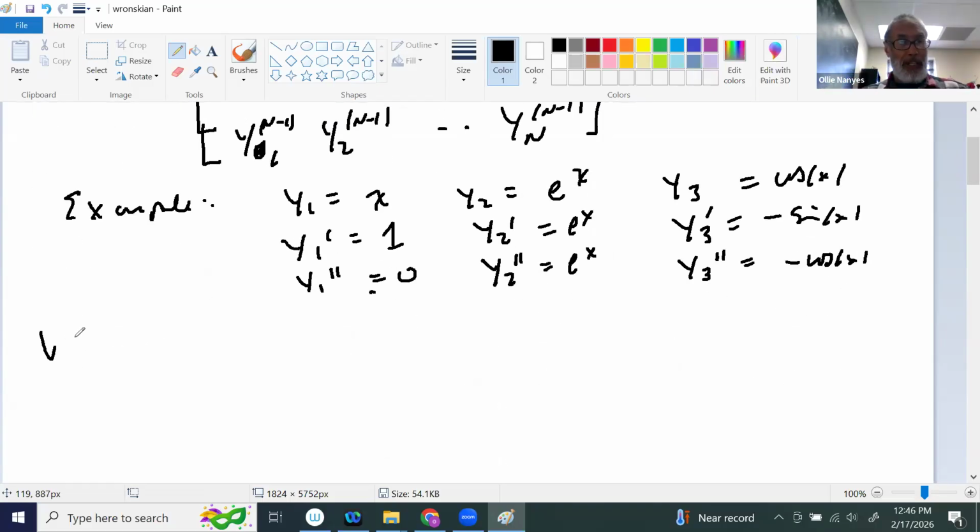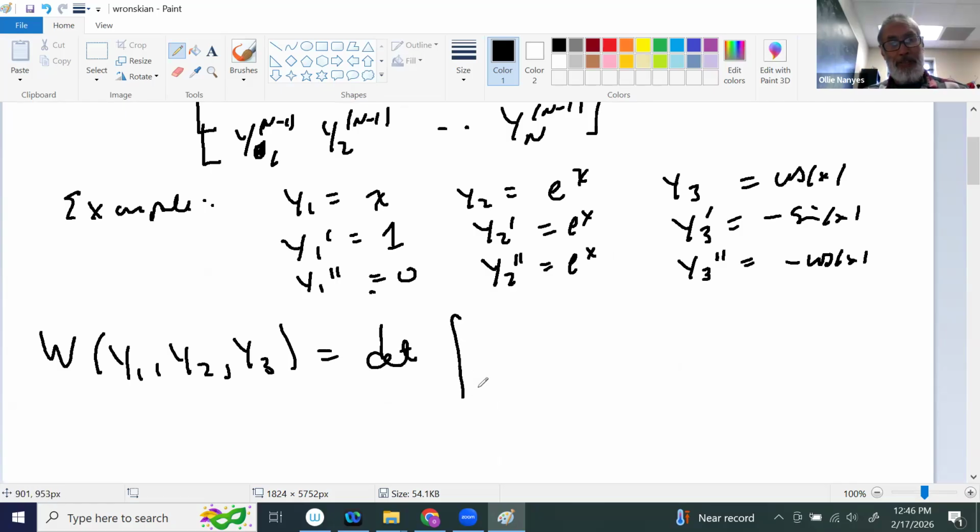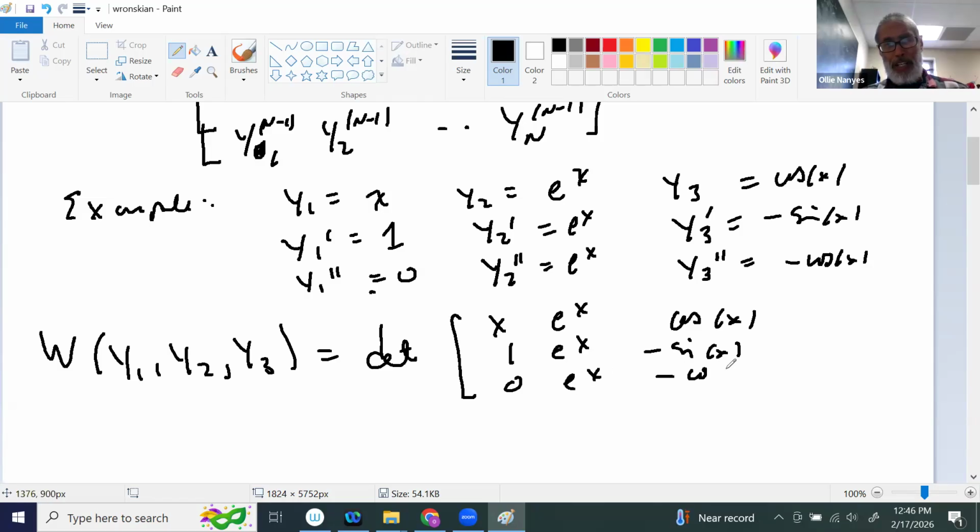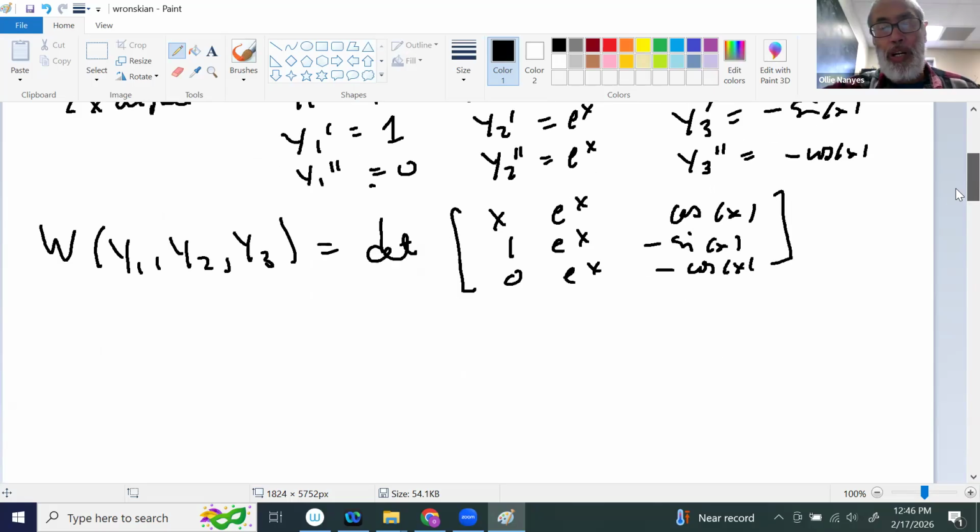So the Wronskian W of y1, y2, y3 would be the determinant of this matrix: x, e to the x, cosine x; 1, e to the x, minus sine x; and 0, e to the x, minus cosine x. Now, if you're going to take the determinant, you can expand along any row or any column.